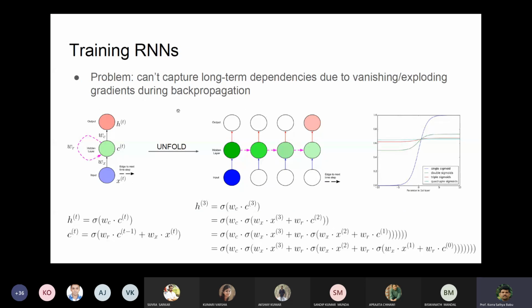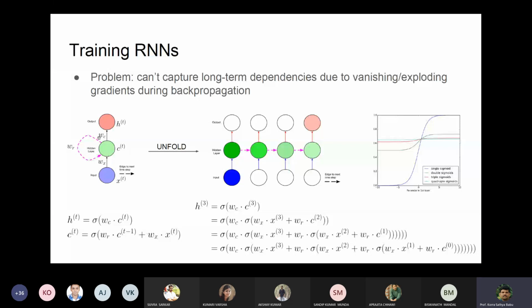So what is the basic formula for an RNN? It is given here. H of t, the output, depends on C of t, the value of C at time t, multiplied by its weight WC, and passed through a sigmoid or some squashing function. And how do you get this C of t?